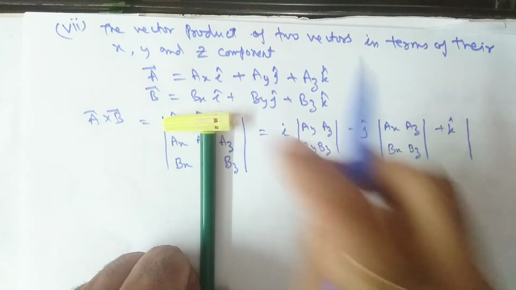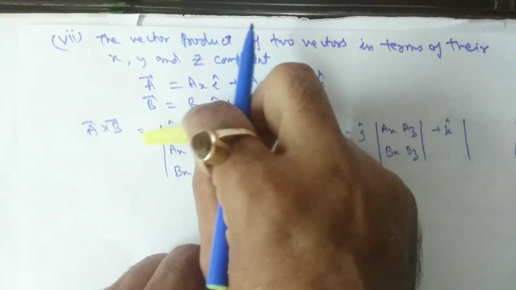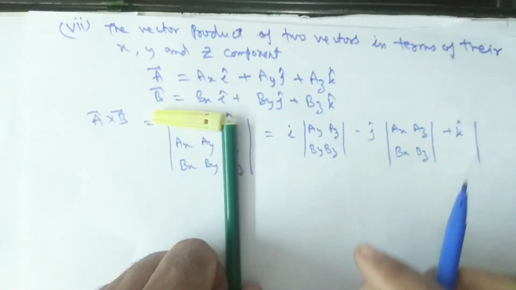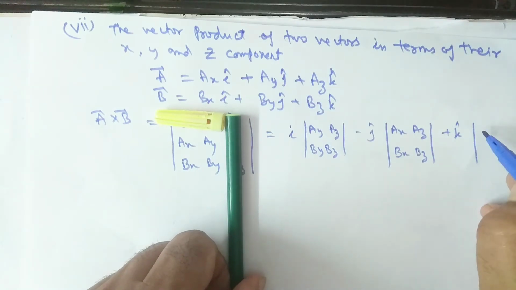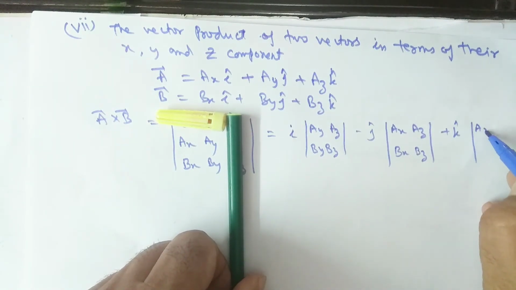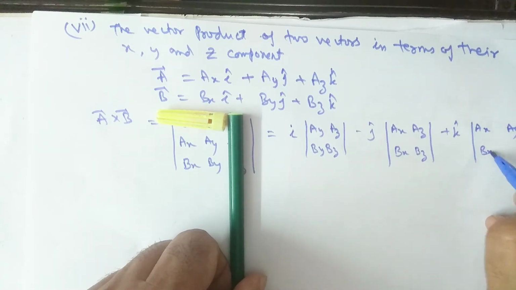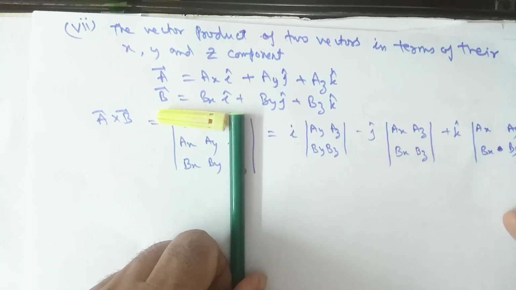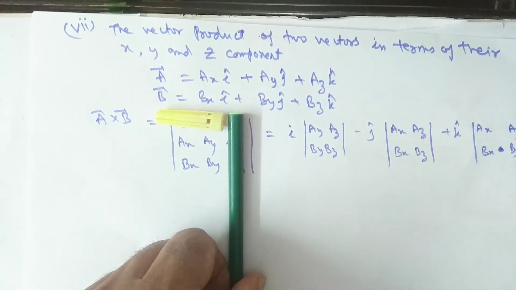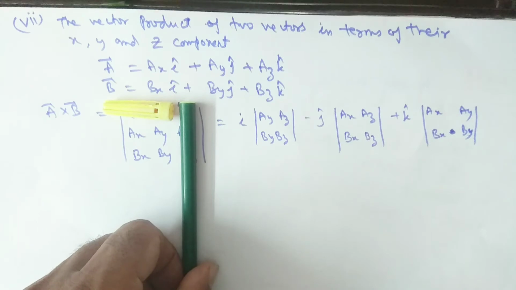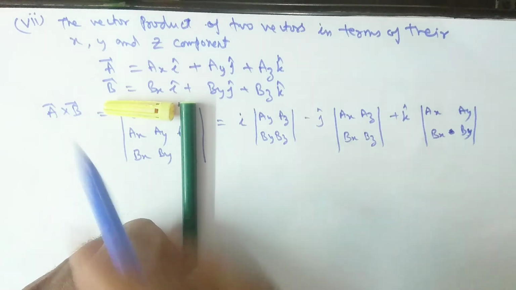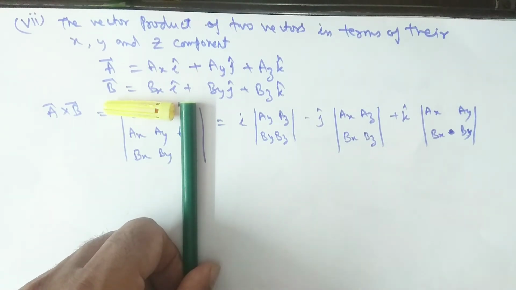Now for K cap, hide the K column and write what you see: Ax, Ay, Bx, By. In the first step to find the vector product, write in this way.